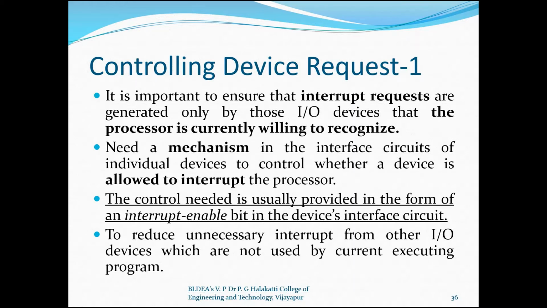The control needed is usually provided in the form of an interrupt enable bit in the device interface circuitry. By setting this interrupt enable bit, we can control the device to reduce unnecessary interrupts from other input-output devices which are not used by the currently executing program.